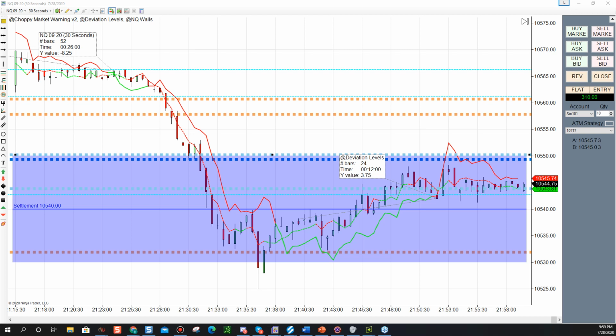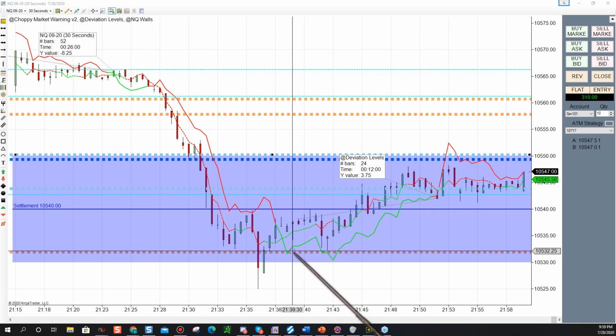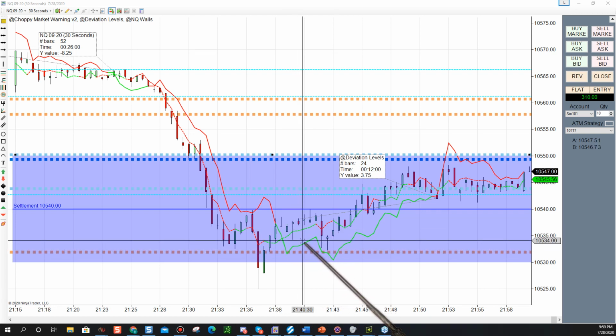Let's see here. Could you please go over one more time which one is the setup bar in a Simplicity trade? It's really simple. You get two green up closes. Up close angle here, up close angle here.